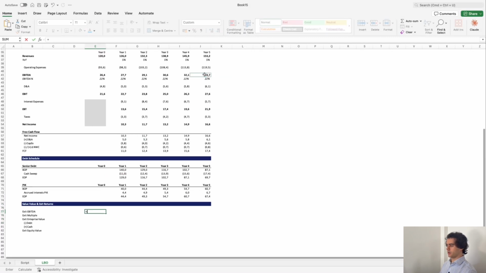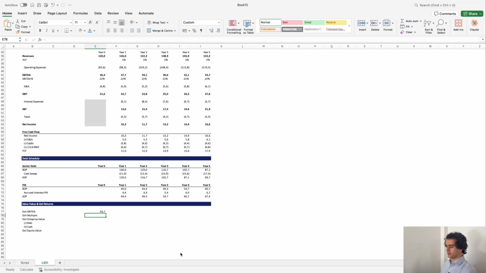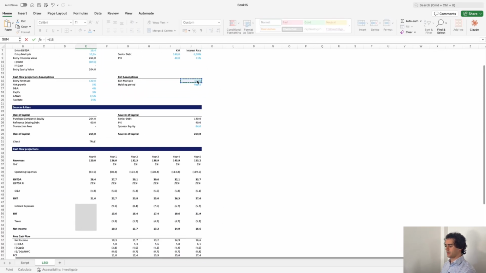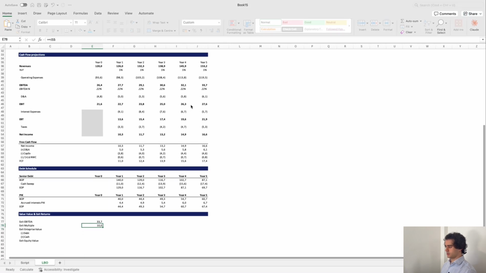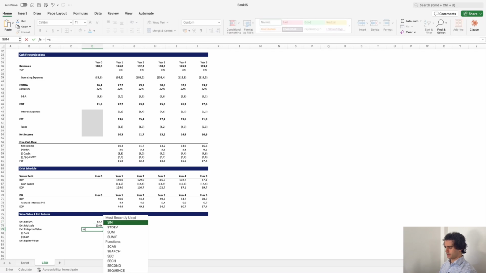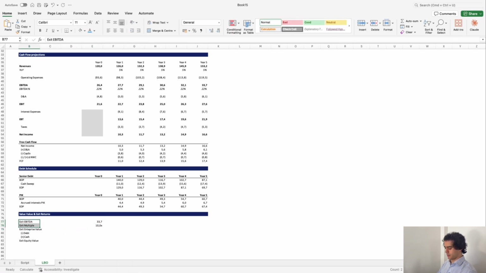Exit EBITDA, we know it's 33.7. Exit multiple is actually the same as entry. So let's customize it. So the exit enterprise value will be exit EBITDA times the exit multiple.